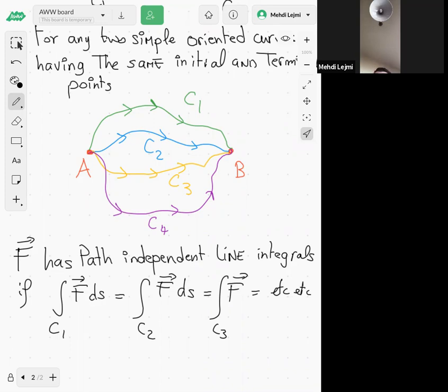You can take the curve C1 or C2 or C3, but you're always going to get the same answer.